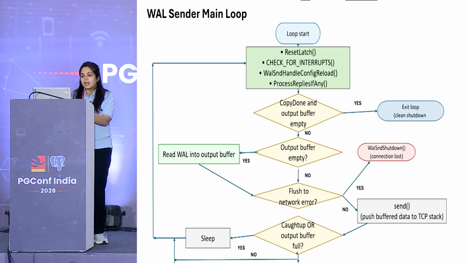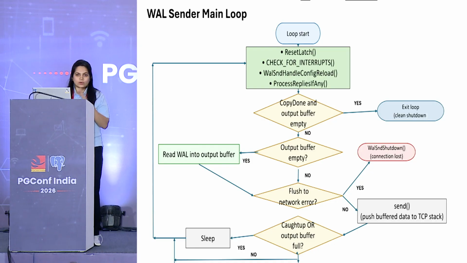And if the exit condition is not met, then it goes on to check if the output buffer is empty. If it is empty, then it means that it can read in some more WAL into its output buffer to send it to the standby. So now it's reading in some more WAL into the output buffer, and that read happens from the WAL files.